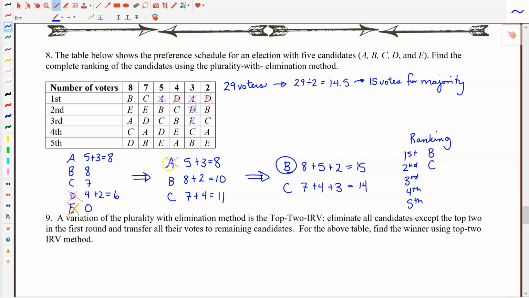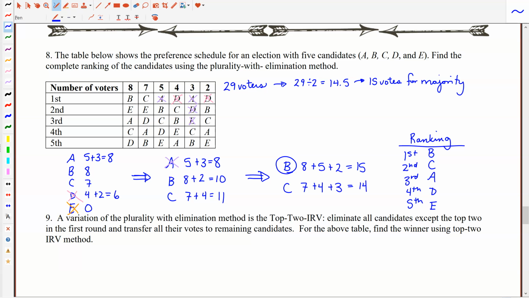The person who got eliminated next would have been A, so they get third place. Now going back here, remember we had talked about E would have technically got eliminated first because they had 0, but we went ahead and eliminated D right away as well because they had 6, so that would be the first vote transfer. So E is technically in last place because they get eliminated first, and then D would have fourth place.